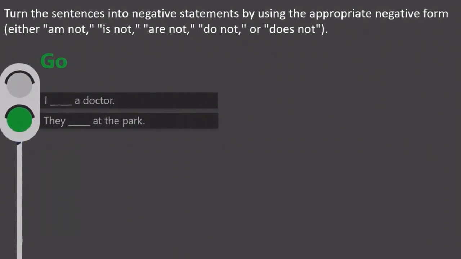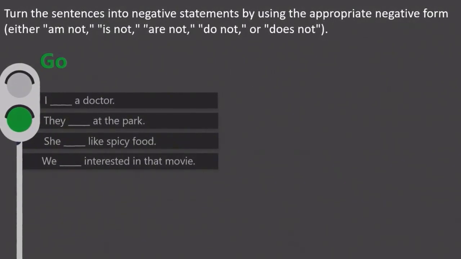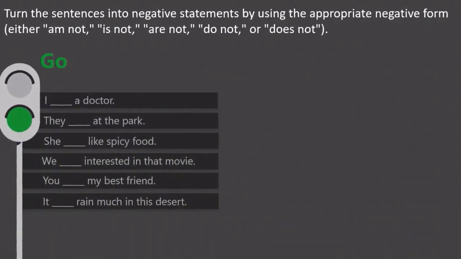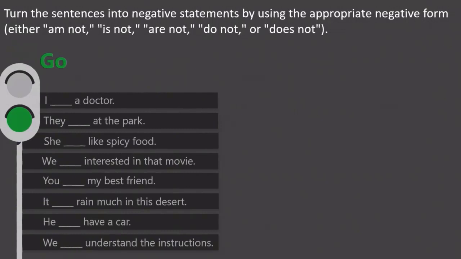They, at the park. She, likes spicy food. We, interested in that movie. You, my best friend. It, rain much in this desert. He, have a car. We, understand the instructions.